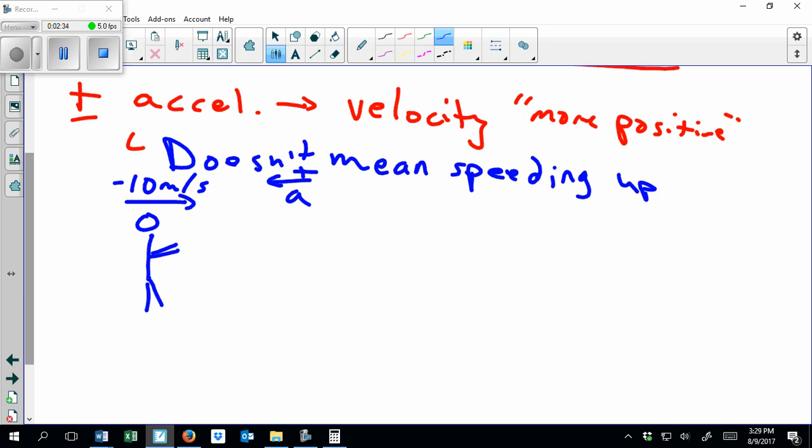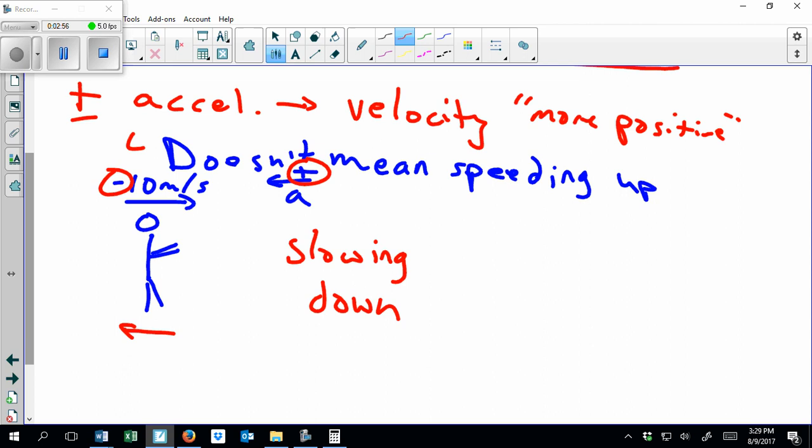So if I'm being accelerated this way, think of it like if someone was pushing you in that direction of that acceleration. You're going to be slowed down. If I'm moving at 10 meters per second to the right and someone pushes me to the left, that means I'm going to slow down. So in this case, because these two signs do not match, I am slowing down.